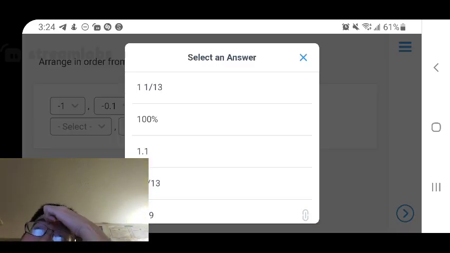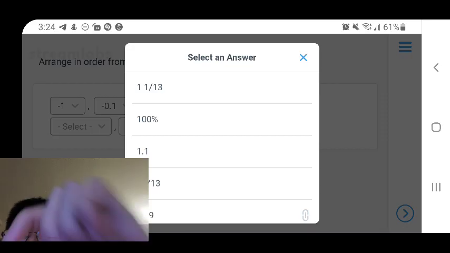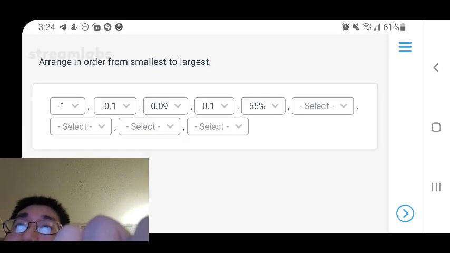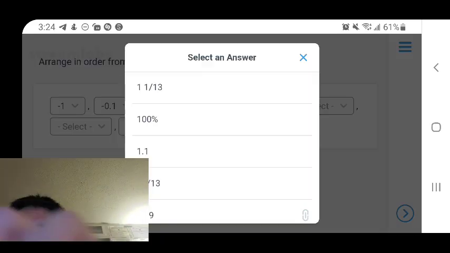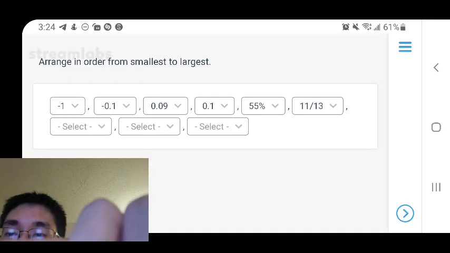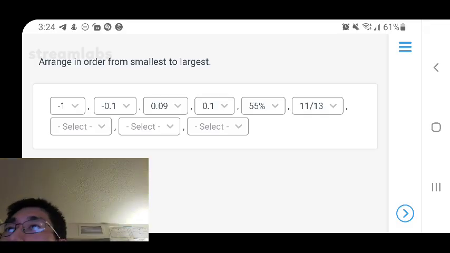And then 55% is next, 0.55. And then 11 out of 13, which should be next. I don't need to calculate. It's pretty high. It's almost 1.